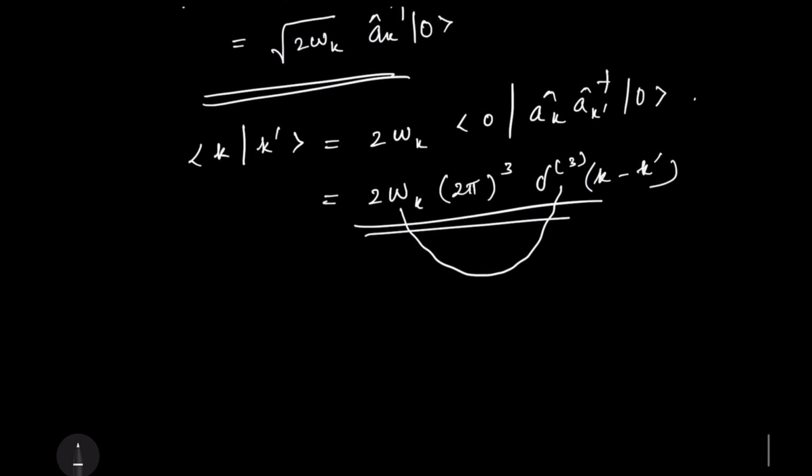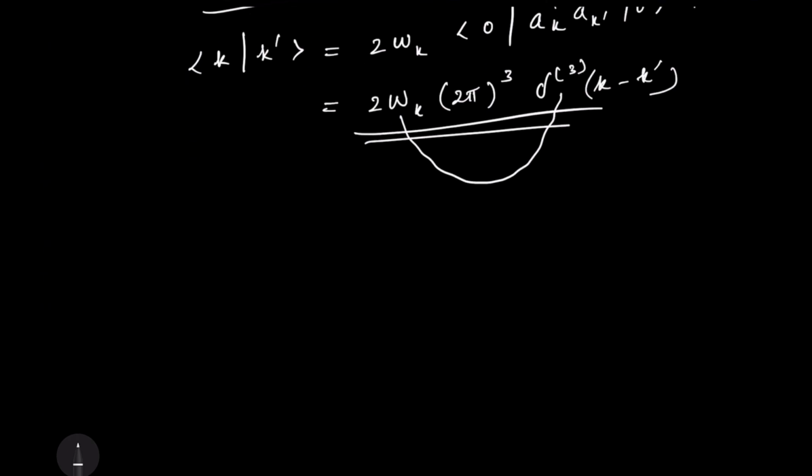If you act a Lorentz transformation on state k, for example U lambda acting on the state k, then you'll get lambda k.